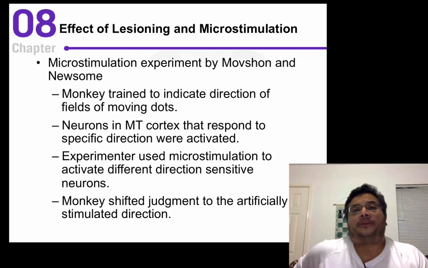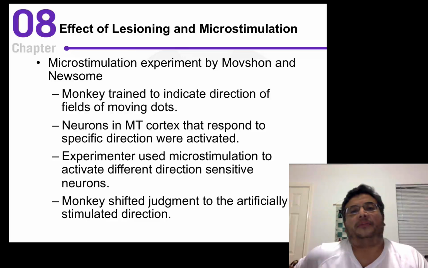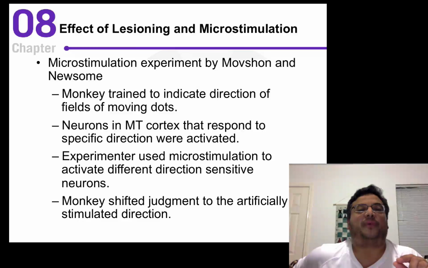Further studies in lesioning and stimulating this part of the brain, the medial temporal cortex, were done by Movshon and Newsome. Monkeys were trained to indicate the direction of fields of moving dots in varying coherence. And from that experiment, we know that neurons in the medial temporal cortex that respond to a specific direction were activated.